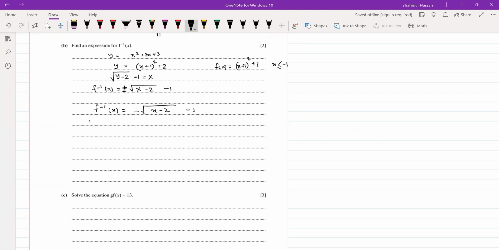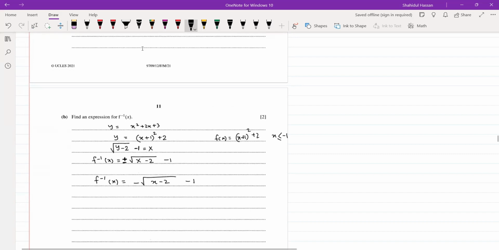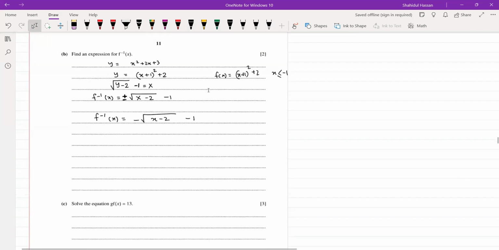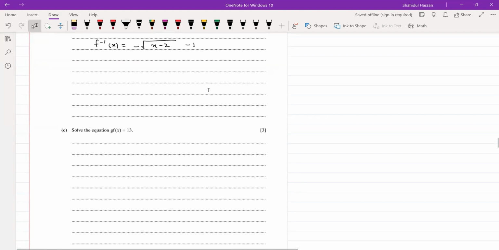And that's why in my final answer of f inverse x, I'm only going to have the negative part. The positive part is not here. If we include the positive part, then f of x will not have a function, because at that time f of x will be a many to one function, and a many to one function does not have an inverse.